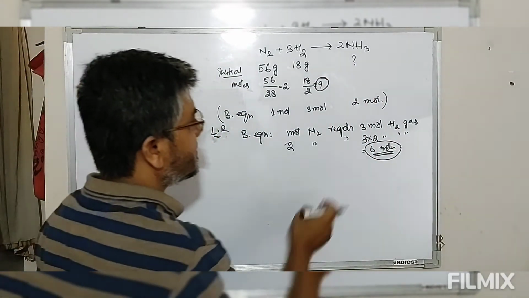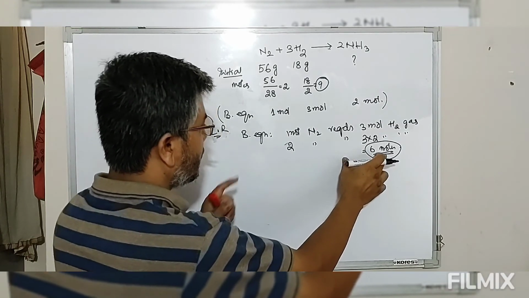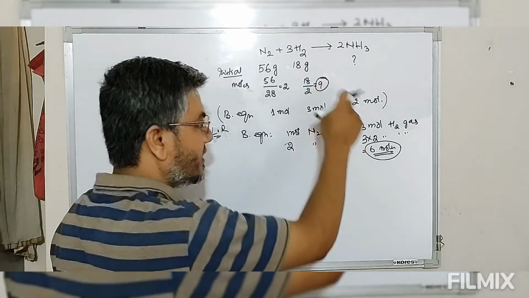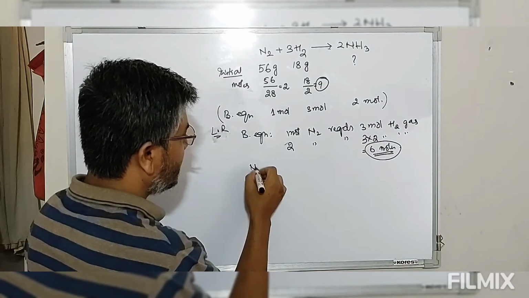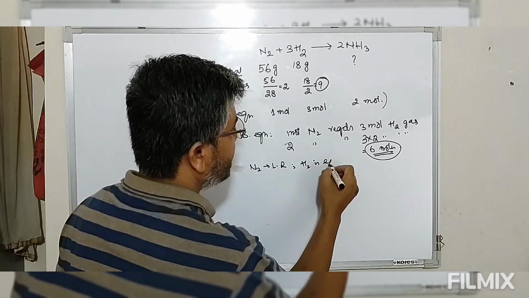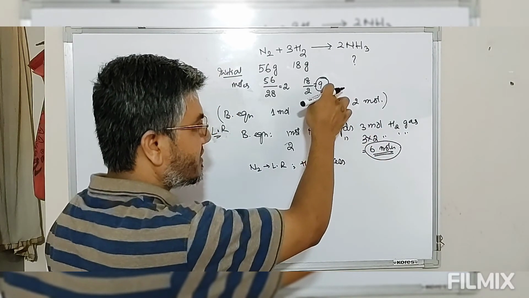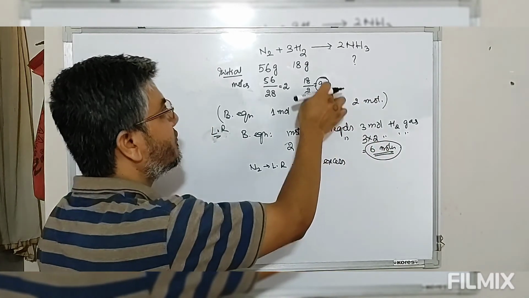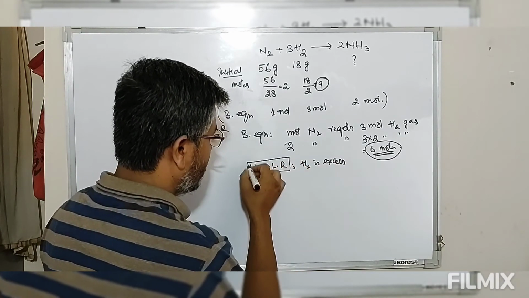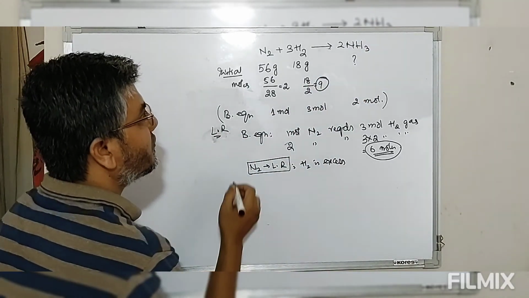Since the requirement of hydrogen for 2 moles of nitrogen gas is 6, but the initial amount is 9, which is greater than the requirement, therefore nitrogen is our limiting reagent and hydrogen is present in excess. If hydrogen is present in excess, then our limiting reagent is nitrogen.